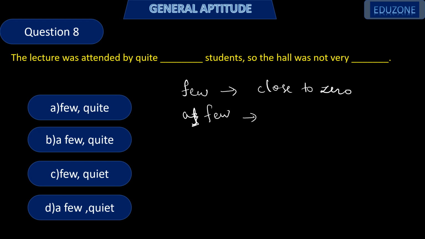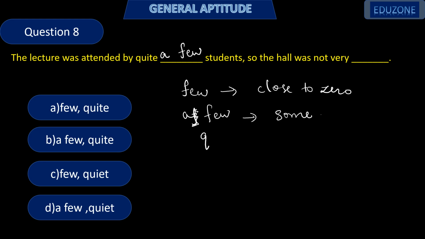But a few means similarly a small number of people, but it means there are some people. The lecture was attended by some people, so here we use a few.